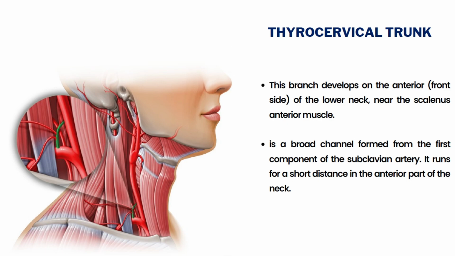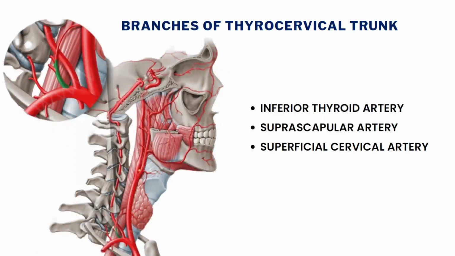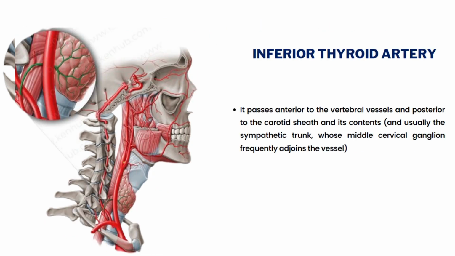It vascularizes the thyroid and parathyroid glands, larynx, pharynx, cervical and shoulder muscles, and the adjacent skin. It can have up to 5 branches, but most commonly described are the inferior thyroid, suprascapular, and superficial cervical arteries.